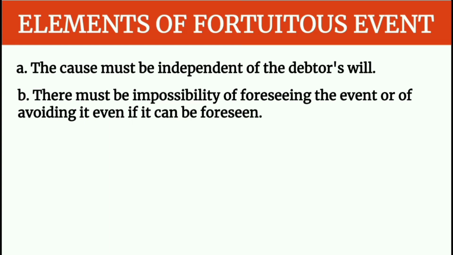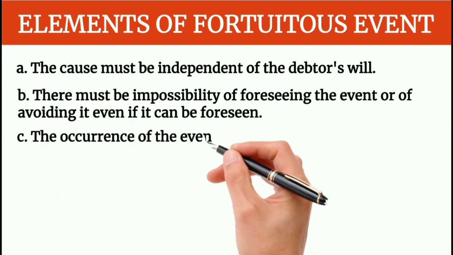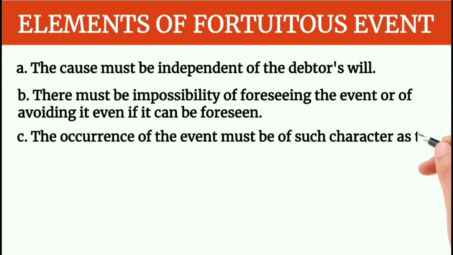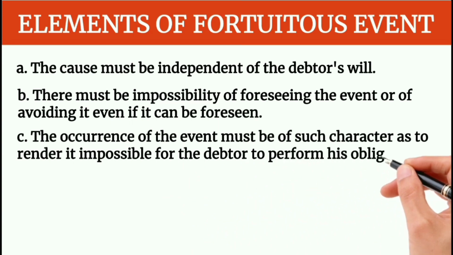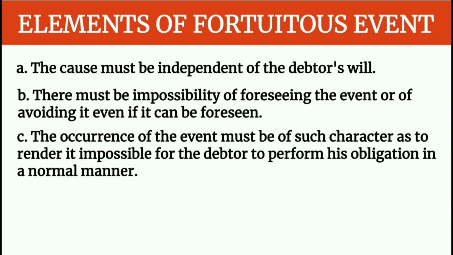Sabi ko nga kanina, it is not enough na mahirap i-foresee or i-predict yung fortuitous event. Dapat impossible na ma-foresee yung event or impossible na ma-avoid yung event. And last, the occurrence of the event must be of such character as to render it impossible for the debtor to perform his obligation in a normal manner.